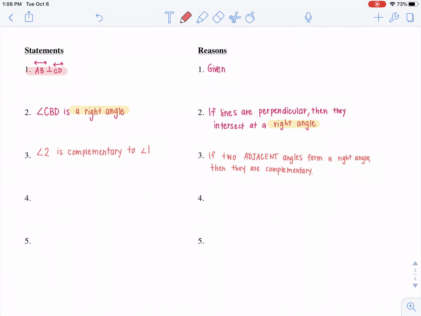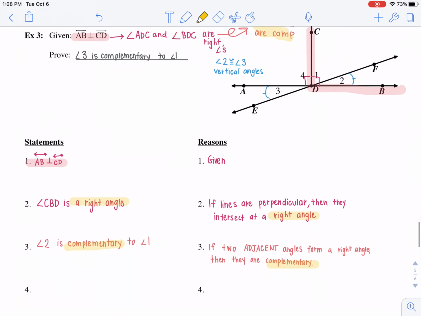So again, let's look. Adjacent angles was something already proven, and in the final part, we want to include complementary in there. Now, remember we talked about vertical angles here because we know angle 1 and 2 are complementary, and we're trying to prove that angle 3 is complementary to angle 1. And we need that missing piece, that missing link between angle number 2 and angle number 3.